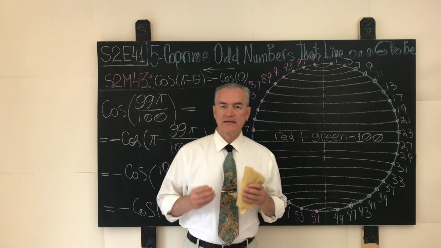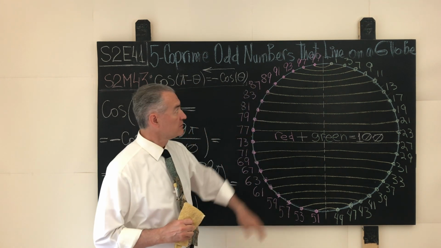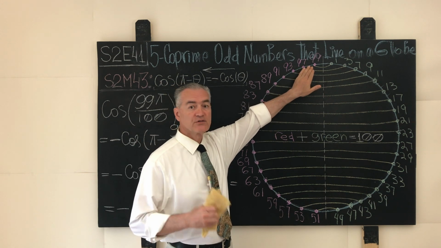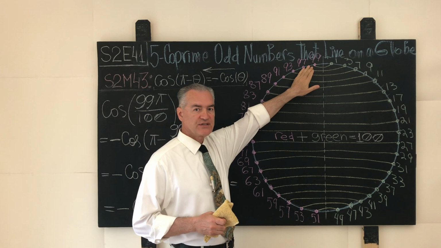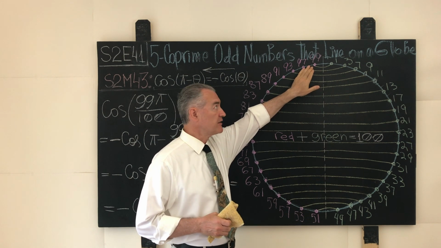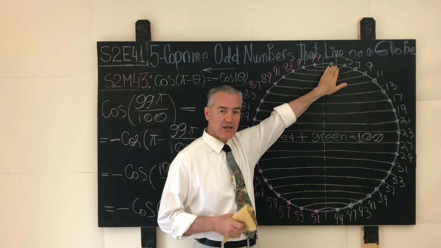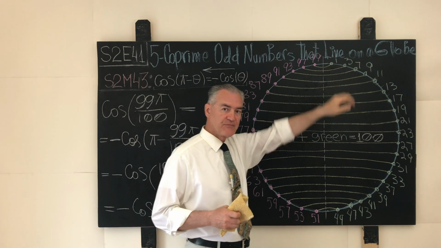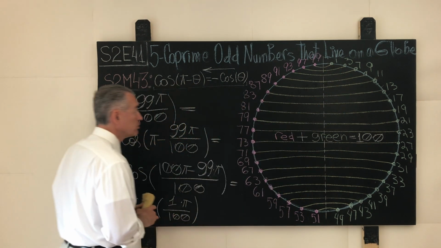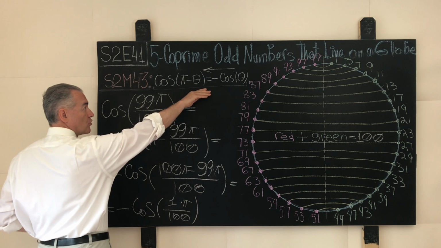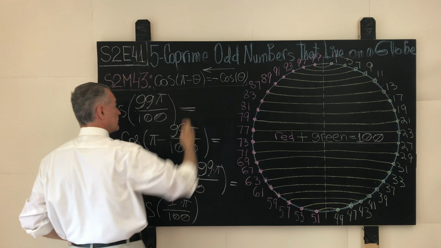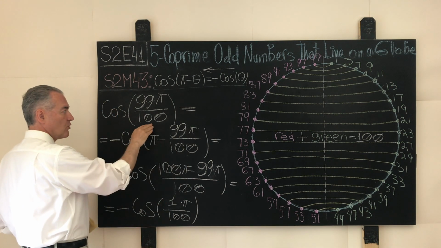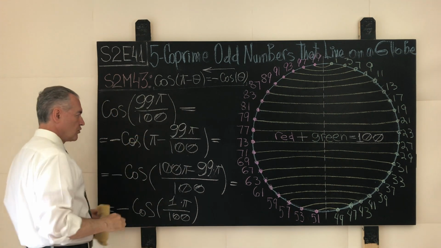The logically last red number, 99 times pi over 100, lives on our trigonometric planet on the same yellow parallel that the number 1 times pi over 100 lives, which means what? Which means that when we apply the transformation shown over here, worked right to left, to the cosine of that red number, we obtain what?